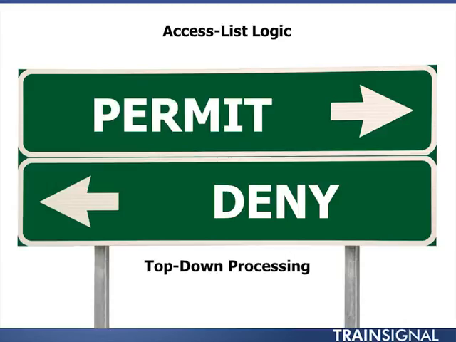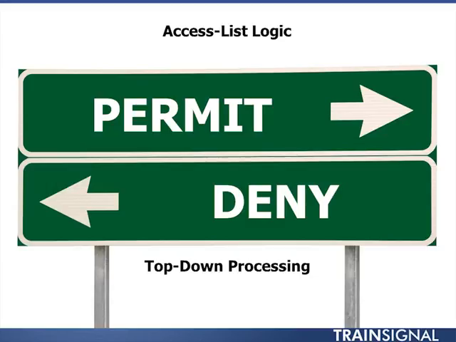A couple of other general points to consider when dealing with access lists: access lists use a top-down processing model. In plain speech, this means the first statement in the access list is evaluated first. Does it match? Is it going to permit or deny? If there's no match, it moves on. If there's a match, all processing immediately stops.